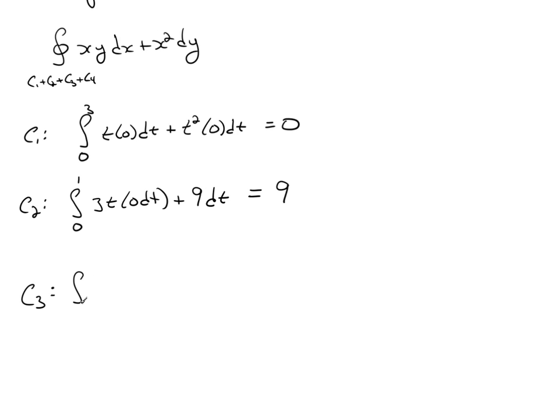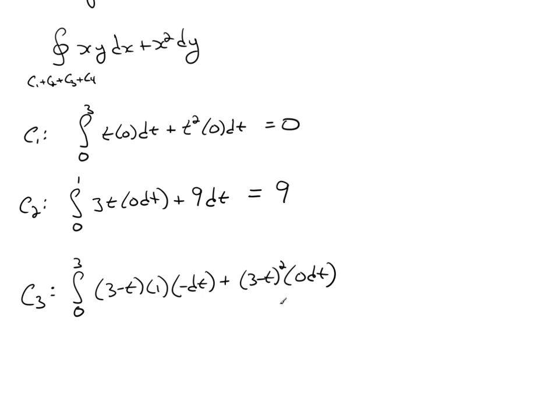So I'm going to have this integral. This is the x was 3 minus t, and y was 1, and I had a negative dt, and t went from 0 to 3, plus x squared, which was 3 minus t squared, dy, and in this case dy was 0 dt, so that's going to go away, but I can integrate this.